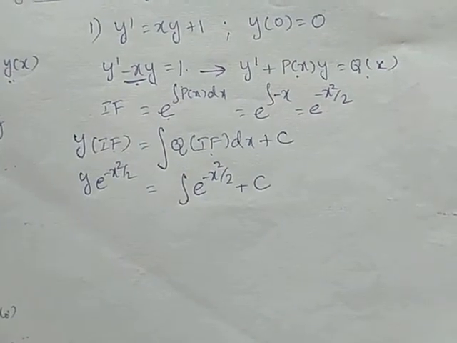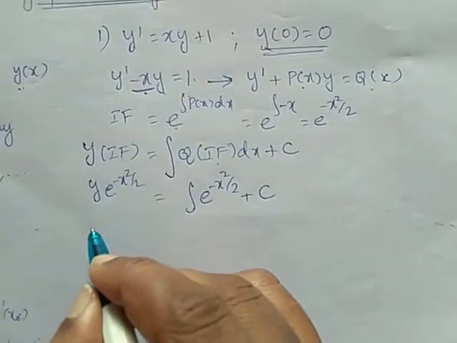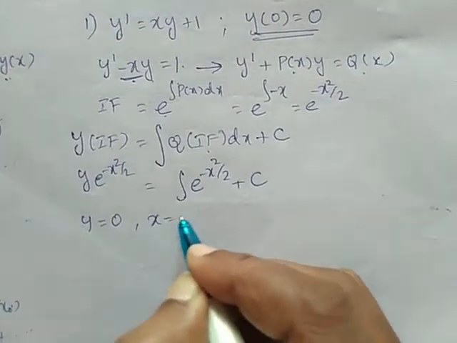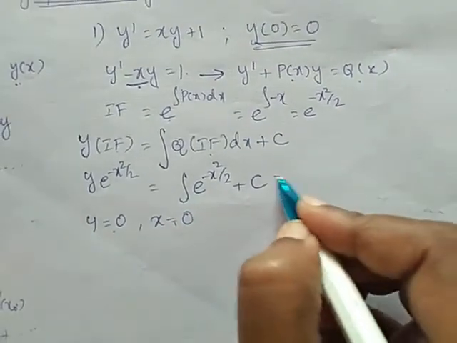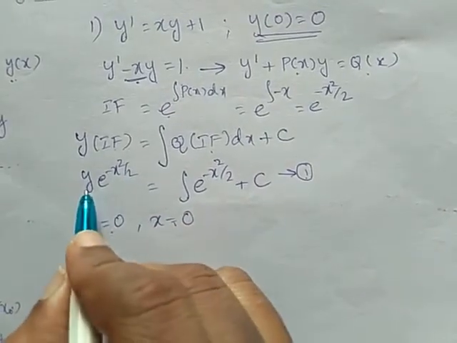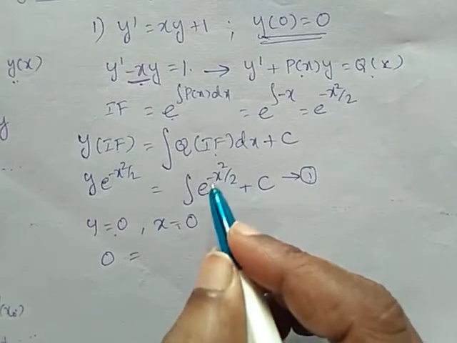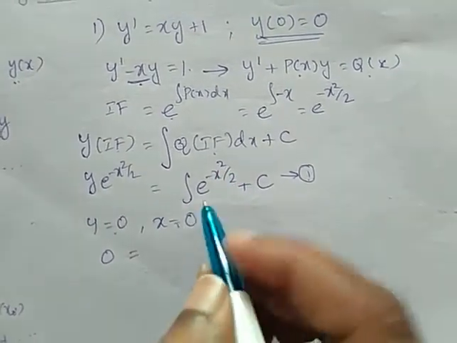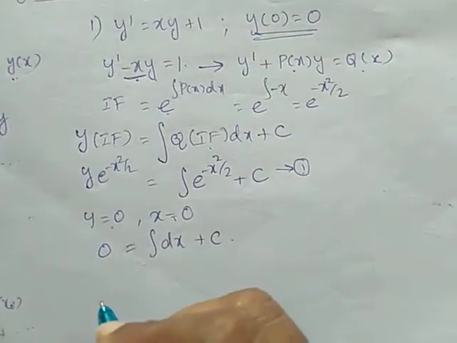What is our initial condition? Y of 0 is equal to 0. So put x equal to 0, then y is also 0. Therefore, this equation 1 becomes: y is 0, e power 0 is 1, integration of dx plus c.